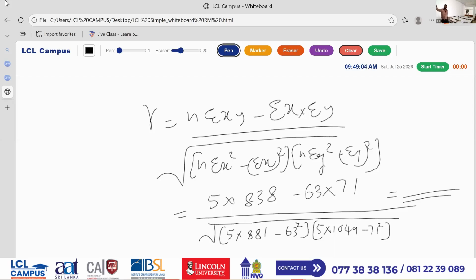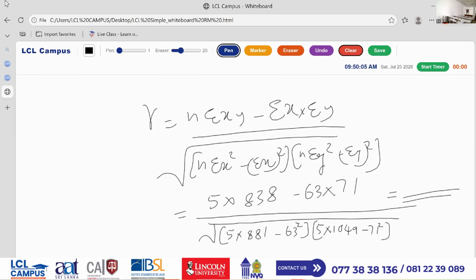When you substitute, start in the bracket and substitute. Try using the formula with the calculator. What is the answer? Bracket 5 into 838 minus 63 into 71. Close the bracket.